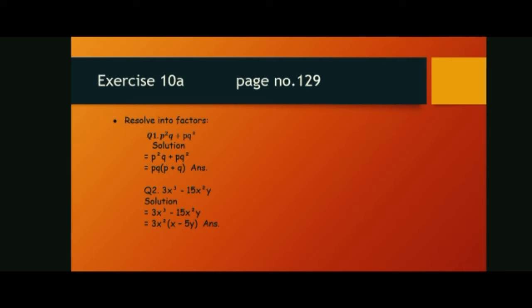So we take the smaller power as common. We have taken 3x squared as common, and the remaining terms in the bracket are x minus 5y. So 3x squared multiplied by x minus 5y are the factors of 3x cubed minus 15x squared y.